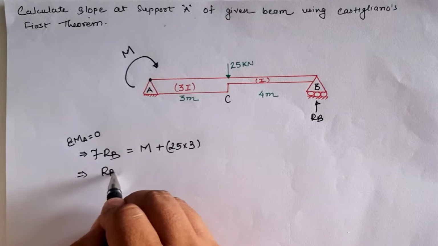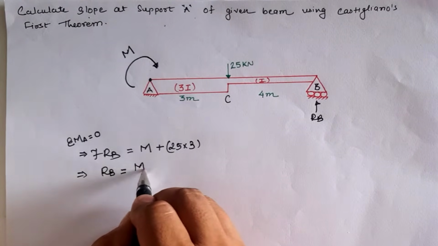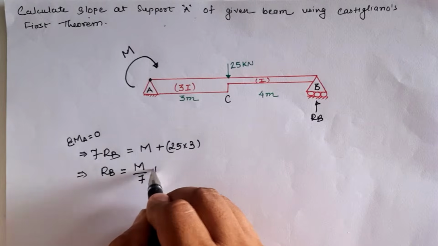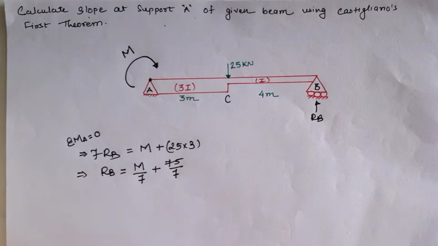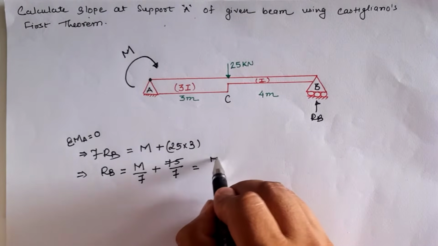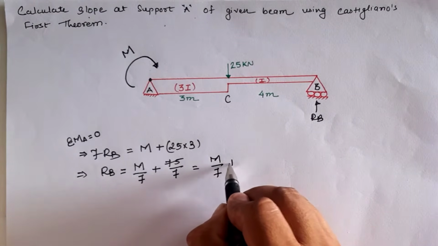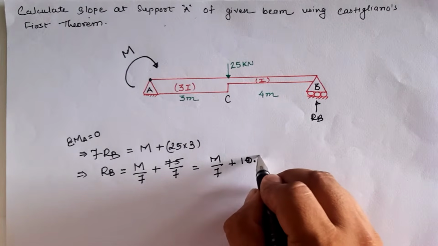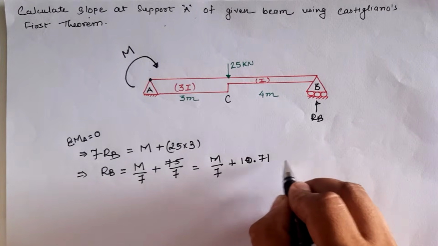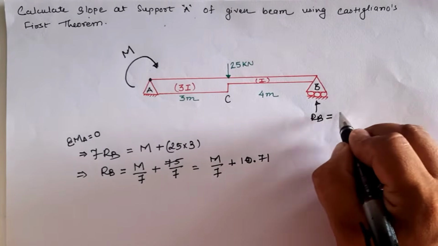Solving this equation, we have RB equal to M by 7 plus 75 by 7, which is equal to M by 7 plus 10.71 as the reaction RB.